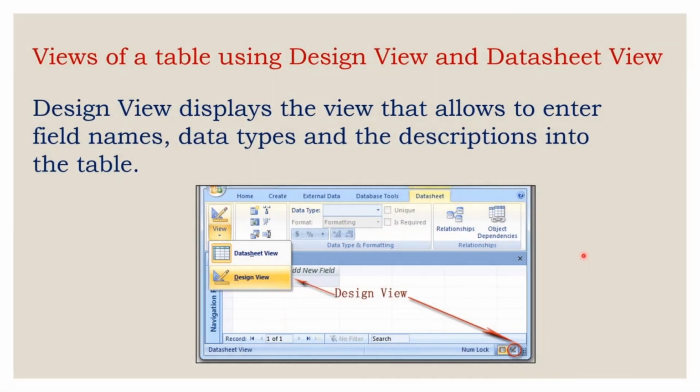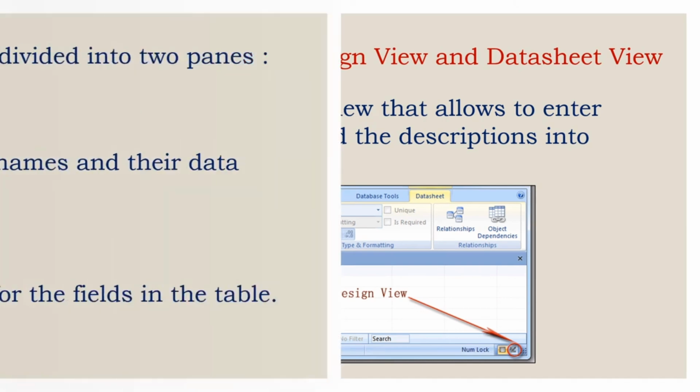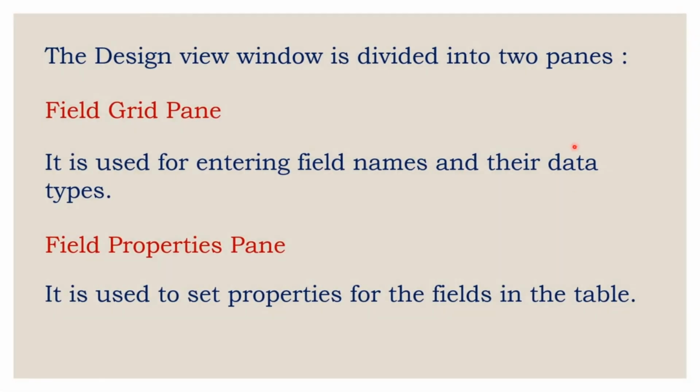Views of a table: design view and datasheet view. Design view displays the view that allows to enter field names, data types and the descriptions into the table. The design view window is divided into two panes, field grid pane and properties pane.